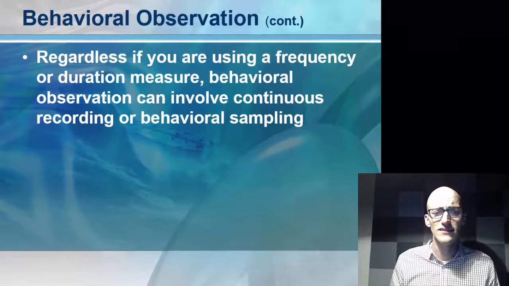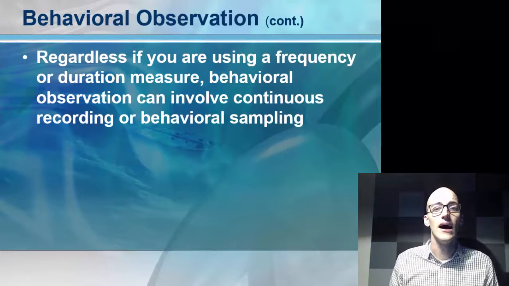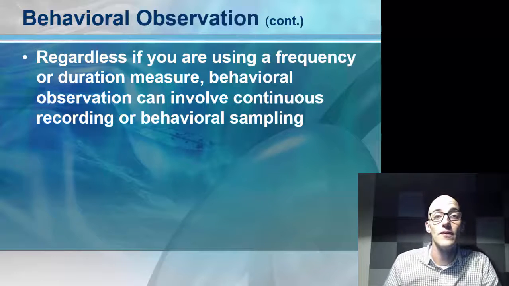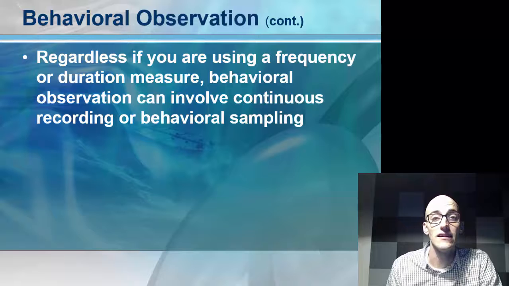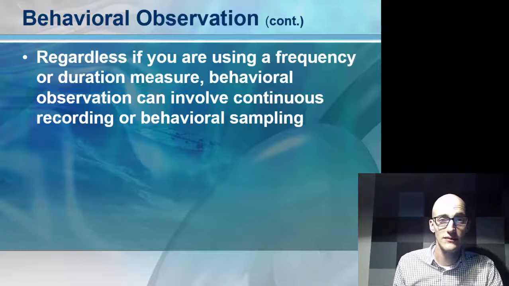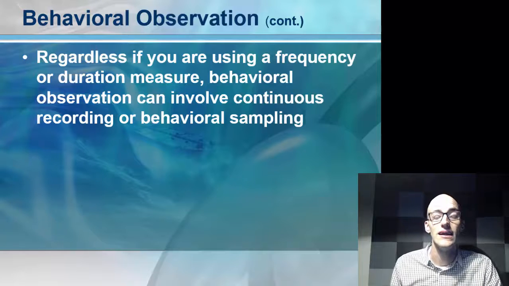And regardless of whether you're using frequency or duration, behavioral observations can have continuous recording or behavioral samples. So continuous observation would be looking at somebody's behavior throughout the day, throughout the week. And usually that's done by self-report. So how many cigarettes have you smoked per day for the past week? That would be the client actually reporting that themselves.